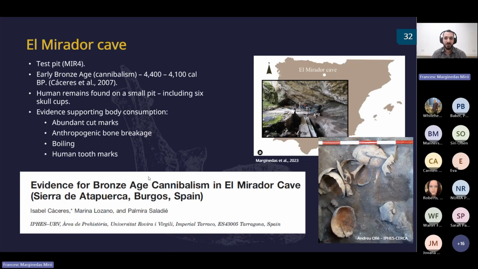Let's start with the test pit, where human remains were recovered from a small pit in the Mir 4 level, dating to the early Bronze Age, around 4,400 to 4,100 years before present. And the assemblage shows clear evidence of body manipulation and consumption, with abundant cut marks, anthropogenic breakage, boiling, and human tooth marks.